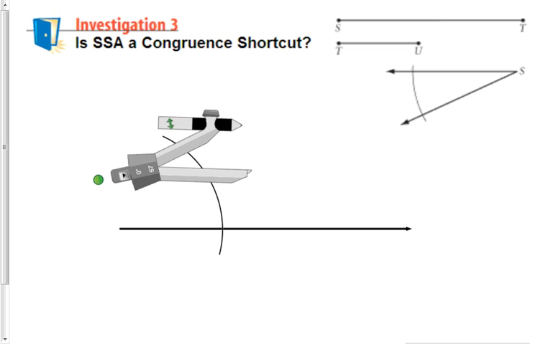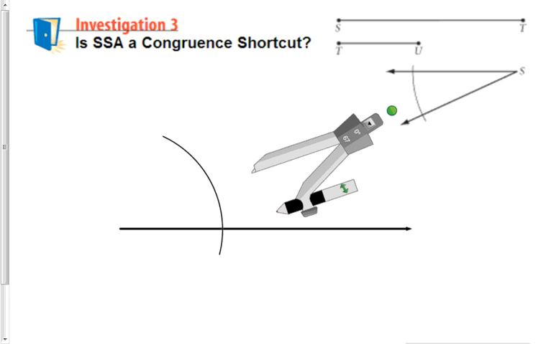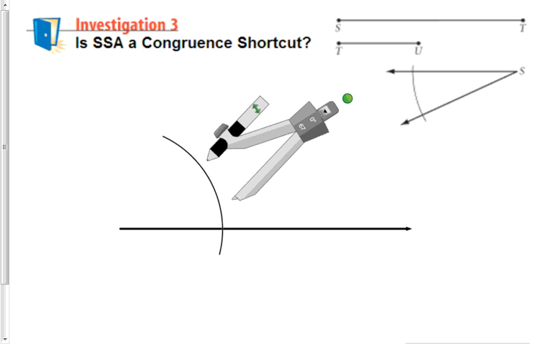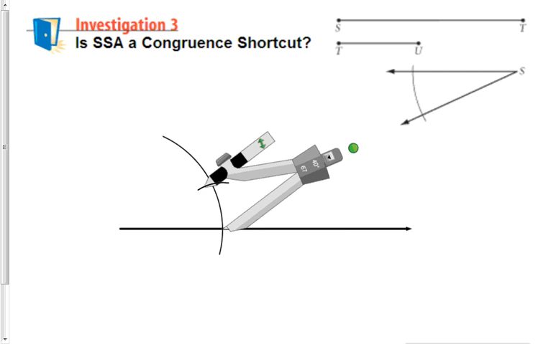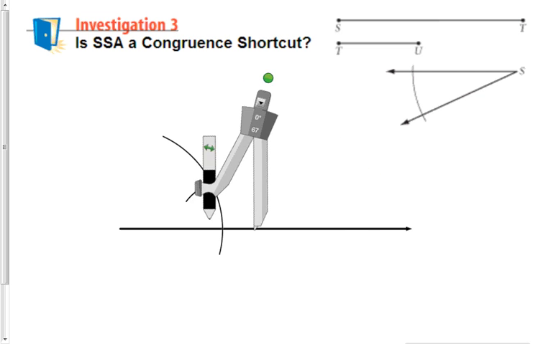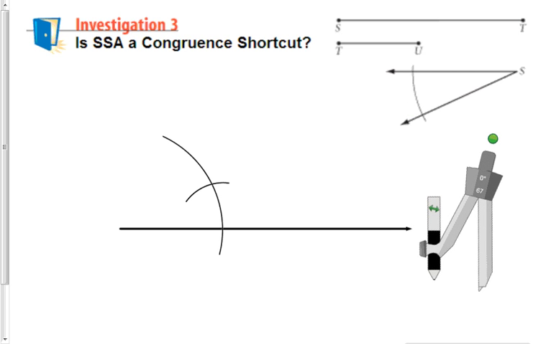Looks pretty good. Come over. Put my compass there. Strike that arc. So there's angle S, so I know that this is point S.